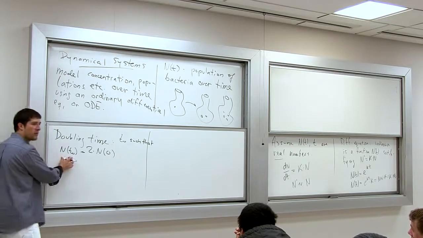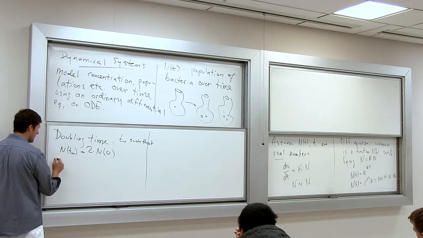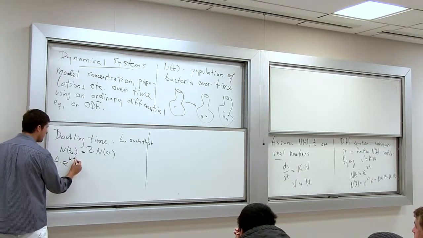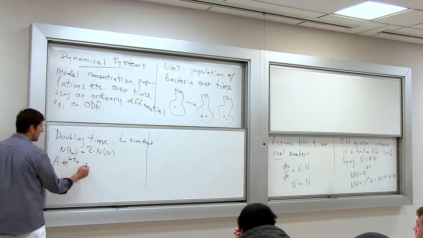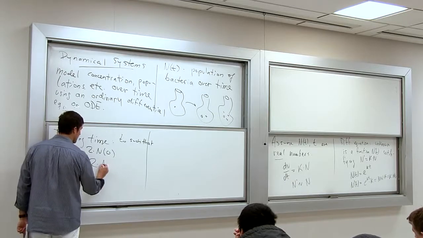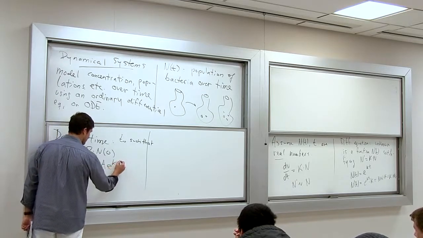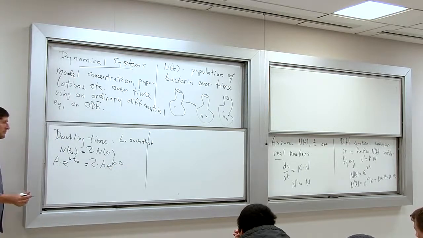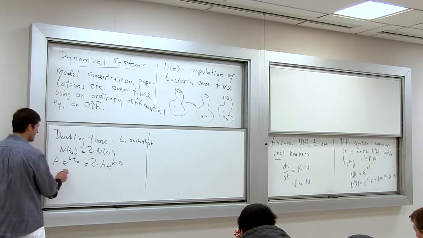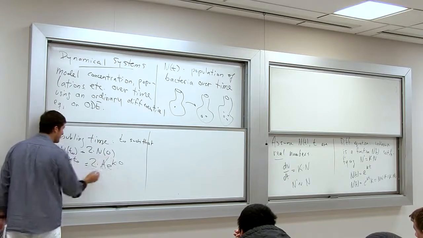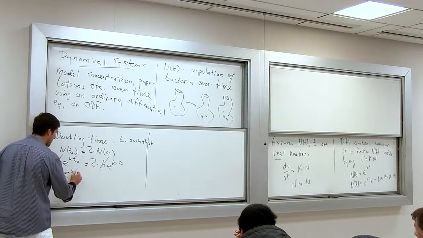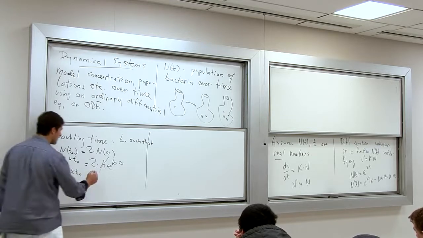Well, we know the equation for n of t, right? N of t is equal to a times e to the kt, in this case kt0, is equal to 2 times a times e to the k times 0. So that means that I can cancel out the a on both sides, and this of course is equal to 1, and I get e to the k t0 is equal to 2.